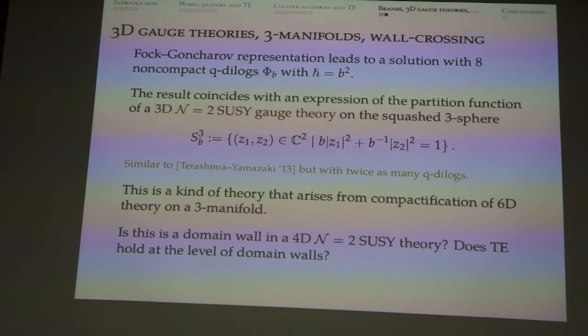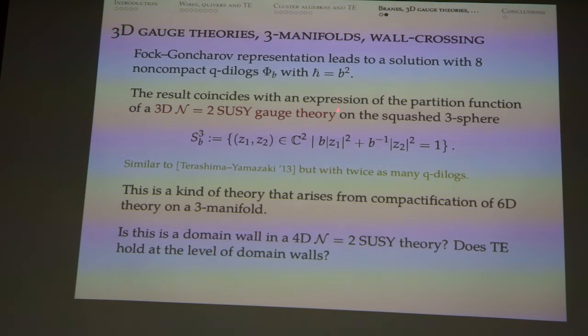So it's a deformation of the 3-sphere, and there's a deformation parameter b. Okay, and so you can write down a certain three-dimensional gauge theory, and there's a localization formula. That's an integral of some complicated function, which depends on parameter b and other parameters.